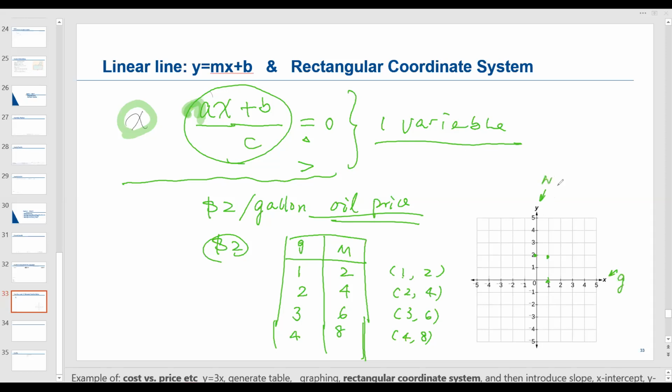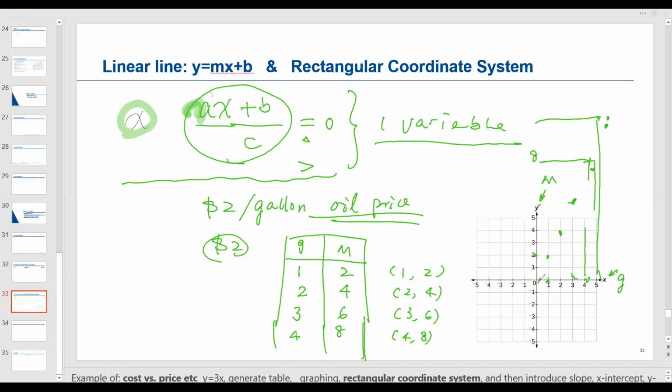So you can see 2 gallons, you pay $4. 3 gallons, you pay $6. 4 gallons, you pay $8, and 4 is right here. If you buy 5, you need to pay $10. All right, $10. That's all.